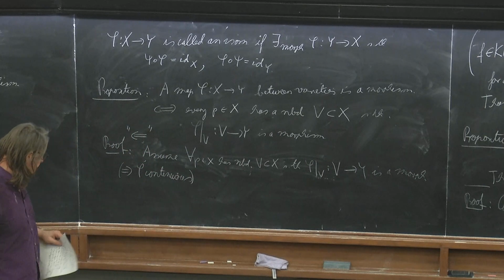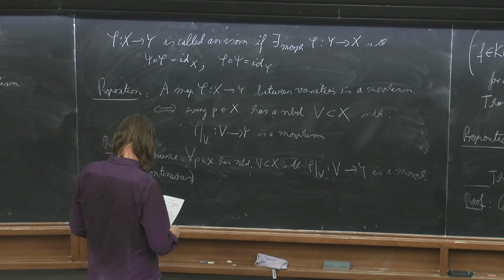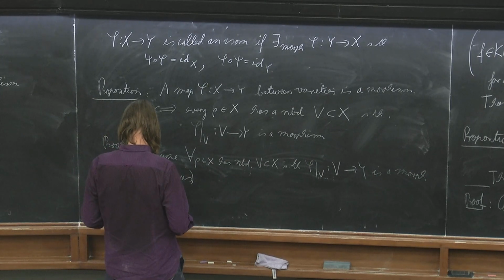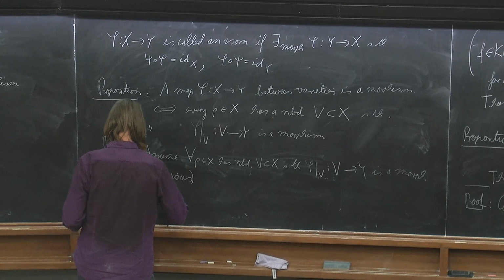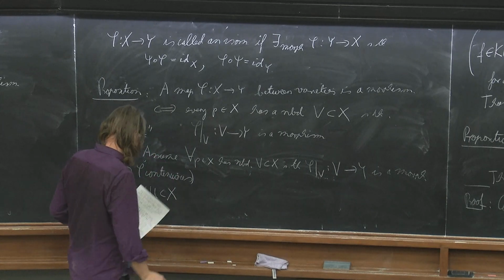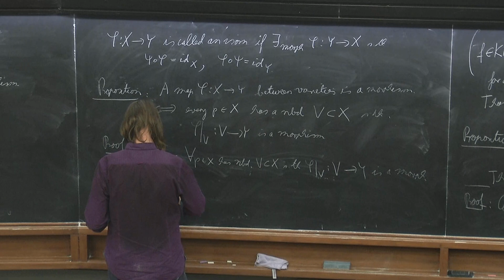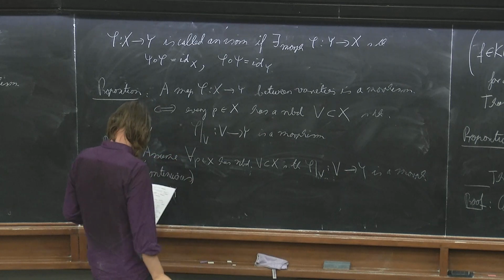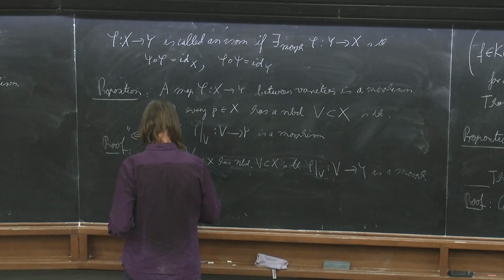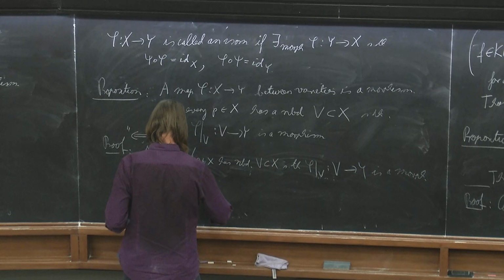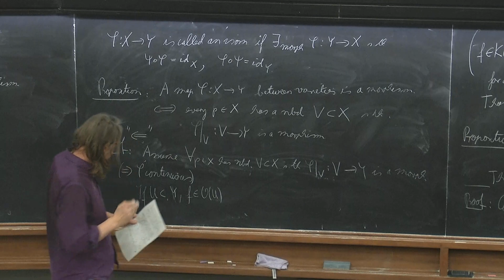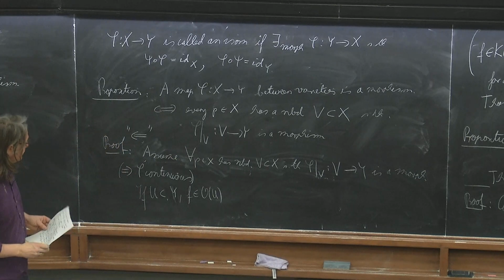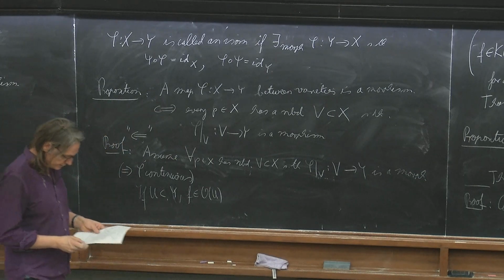And now, if I take any open subset U in Y, and F is a regular function on U, then I have to see that the pullback is regular on the inverse image.